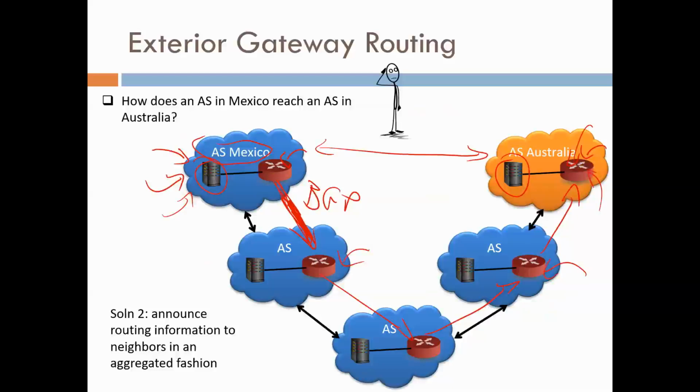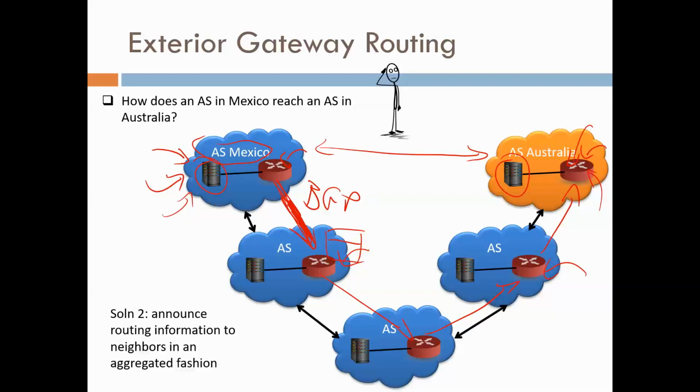And so the neighboring routers now know about these networks. If a packet comes that is destined to these networks, the routing table here is going to have an entry saying I should send it to Mexico. How would this routing entry be created? Based on an announcement that was made by the border router in Mexico. And by sending these announcements, the routing tables at different routers are built.